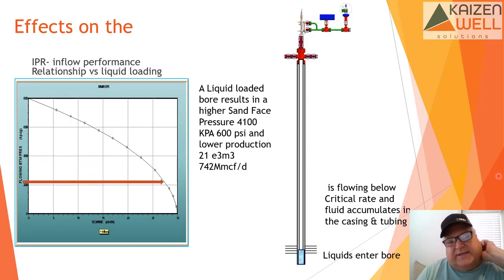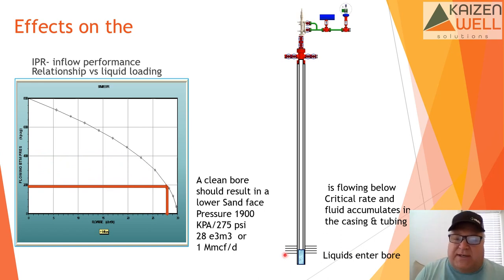It allows the pressure on the tubing to decrease. Then pressure drops down to 2,000 kPa in this case, and we run it across and intersect this curve, and we went from 20 E3 to 28 E3, or about 250 MCF a day increase, by removing fluid in this example of the well.